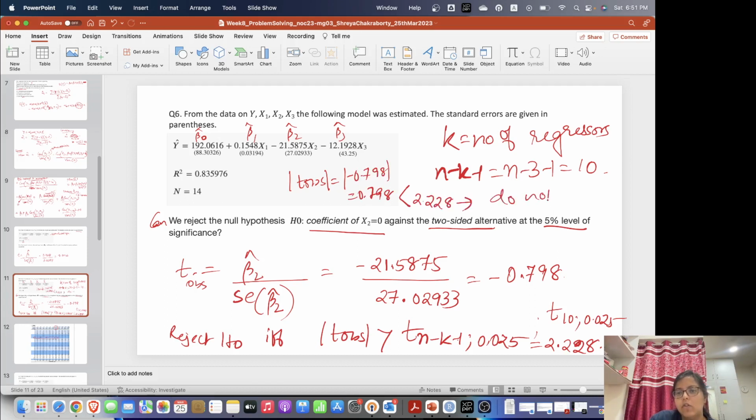So we do not reject H naught at 5% level of significance. Is it clear? All right.